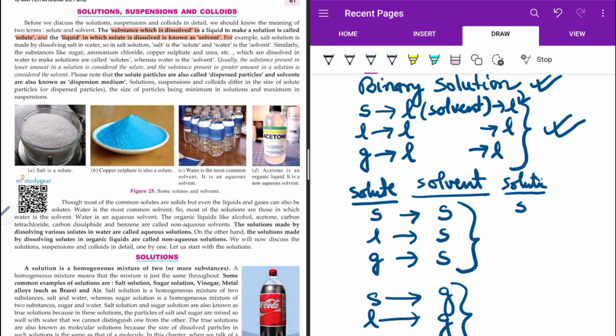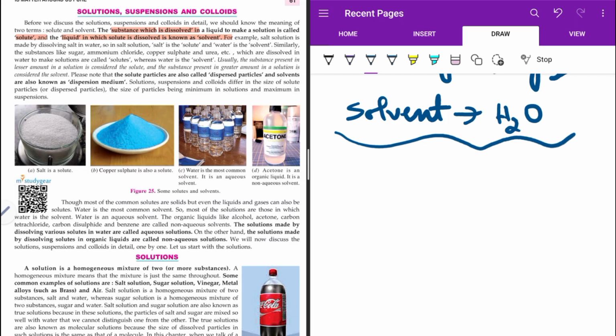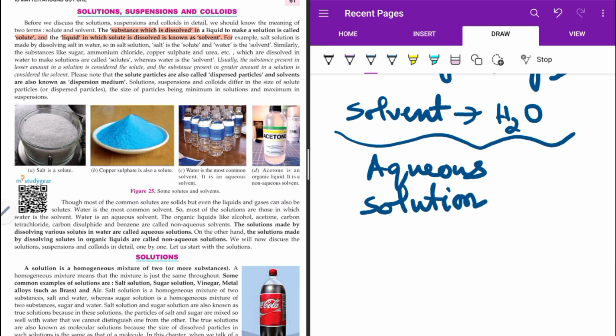Now keep in mind that if your solvent is water, then in that case, I will say that the solution is an aqueous solution. Now this term aqueous means what? Water is acting as the solvent.